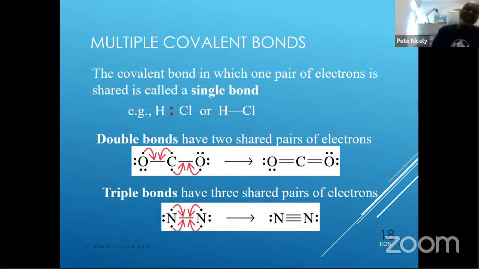So in the case of the carbon dioxide molecule, we have a double bond here and we have a double bond here, right? And then we have what is known as a triple bond, where you have three pairs of electrons being shared between two atoms, such as in the case of the nitrogen molecule, right? So that's a triple bond. And believe it or not, there's actually a fourth type of bond known as a quadruple bond, but we won't be concerned with that in this particular chapter.